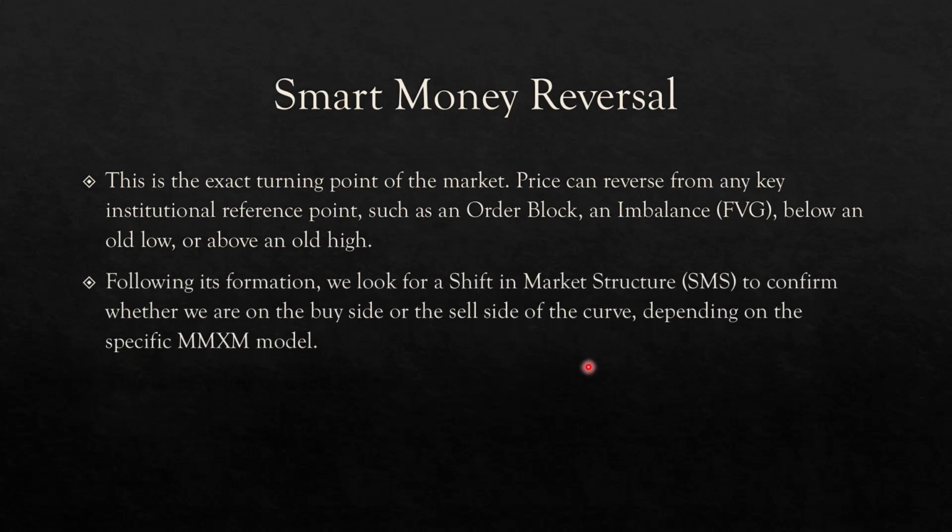Following its formation, we look for a shift in market structure, or the SMS, to confirm whether we are on the buy side of the curve or the sell side of the curve, depending on the specific MMXM model. It depends, with either a market maker buy model or a market maker sell model. And basically, smart money reversal is the point of trend reversal.